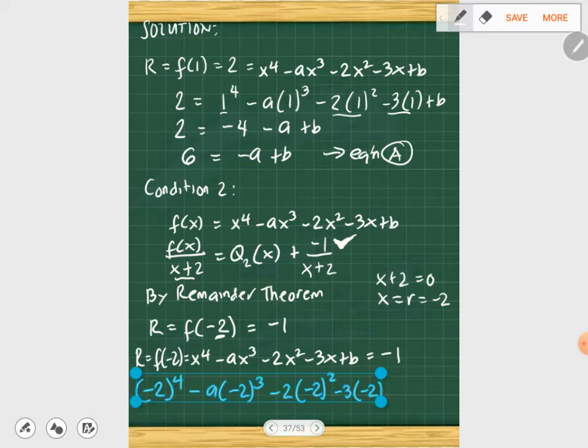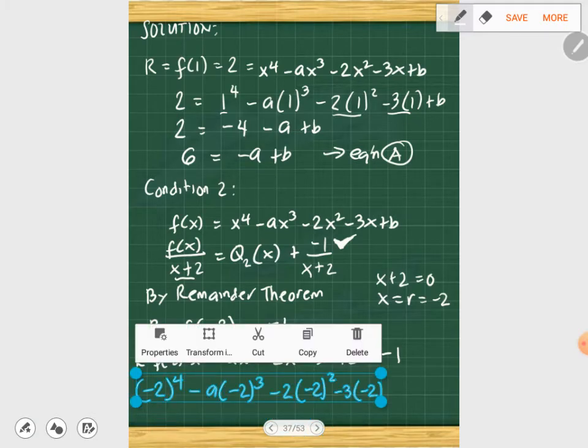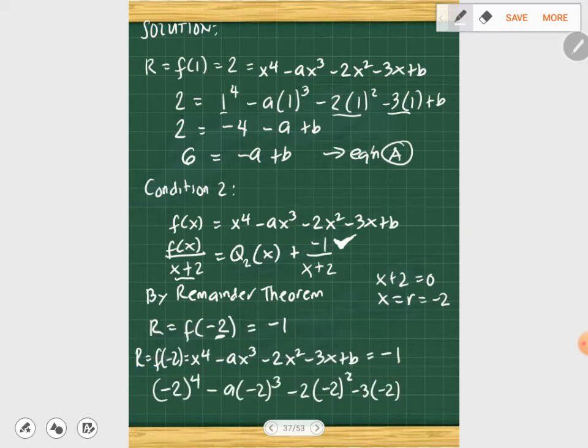Hindi kasya. Ito ko na lang ilagay. Okay, so dito na ako. 3 negative 2, so plus b equals remainder negative 1. Okay.